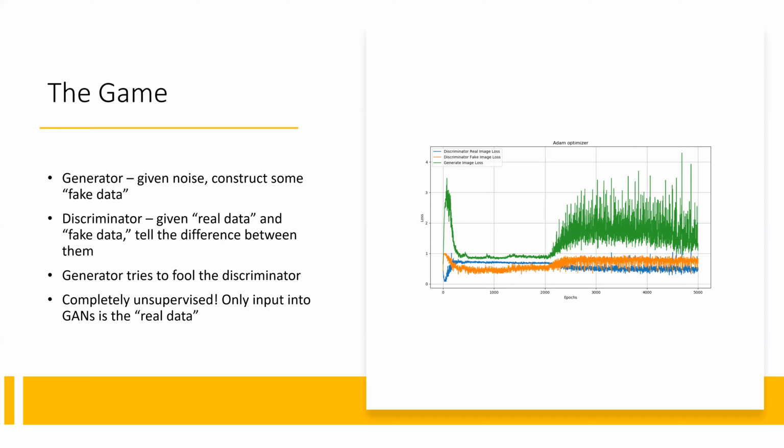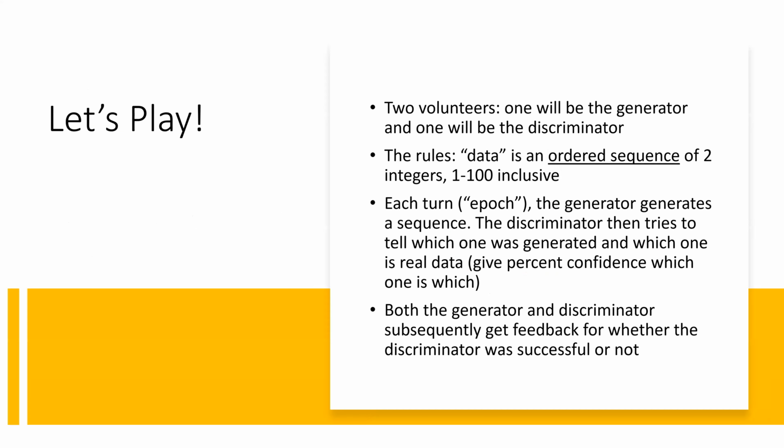At the end, the objective is to have the generator completely fool the discriminator. That is, if the discriminator can't tell the difference between the generator's generated pictures and the actual pictures from the data set, then the generator is doing a great job. That should be what this model converges to. And this is completely unsupervised, which is really cool.